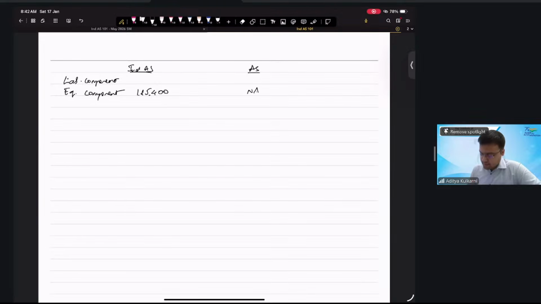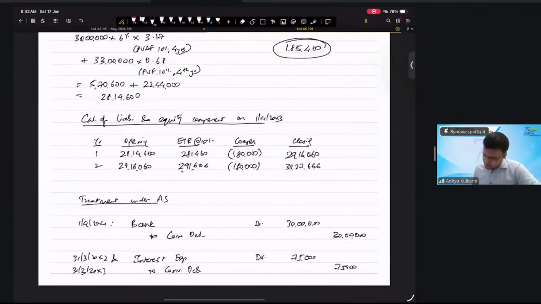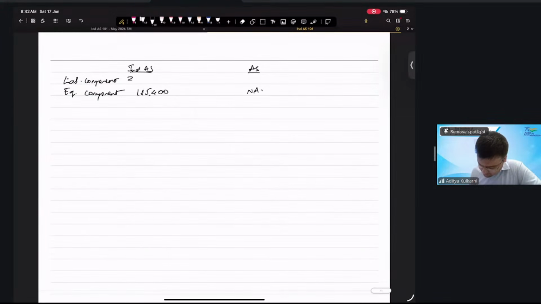In AS, it will not be there. What is your liability component here? 30,27,666. Agreed? And here it would be 31,50,000. How 31 lakh 50? 30 lakh plus 75,000 plus 75,000.